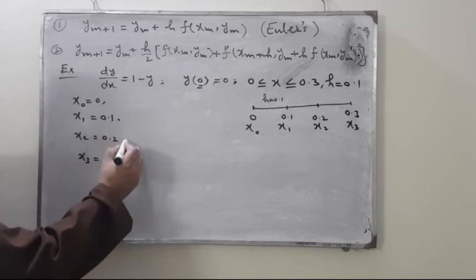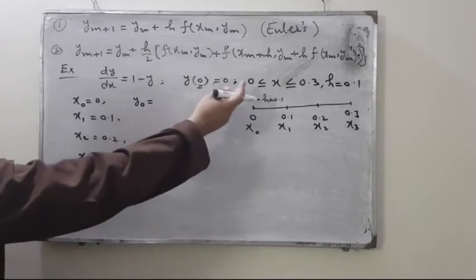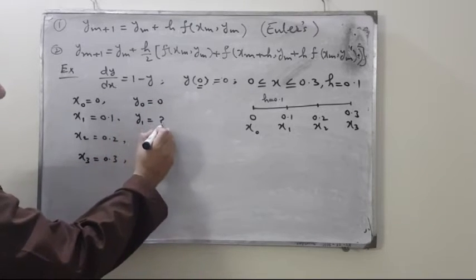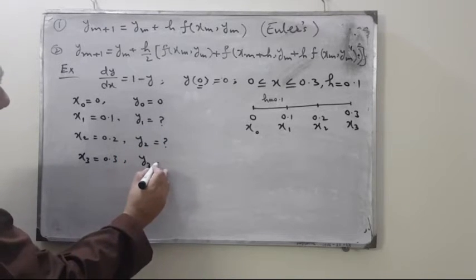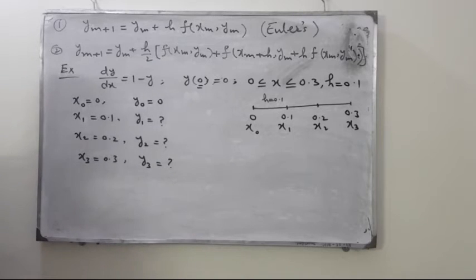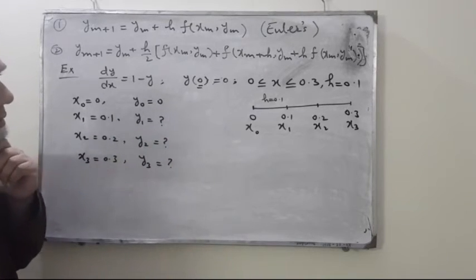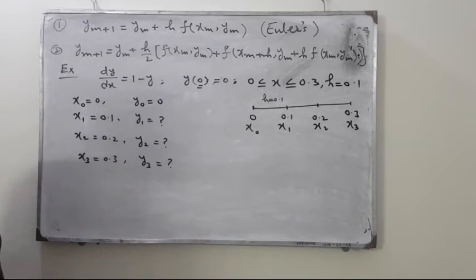Now the task is to find out the corresponding values of y. y0 is given from the initial condition, this is 0. y1 we have to calculate, y2 is unknown, again we have to calculate, and y3 is still unknown. So these are the three required values we are looking for, and for these values we'll first apply the Euler's method, and then we'll be using the second method.